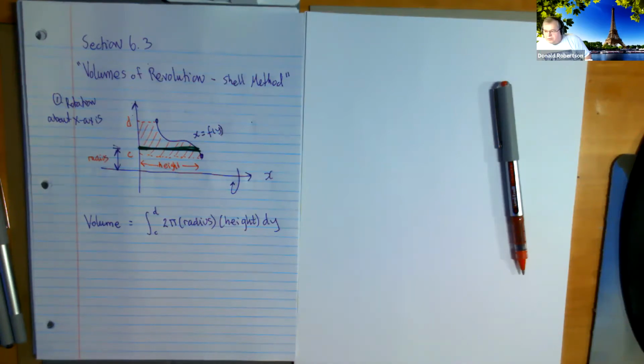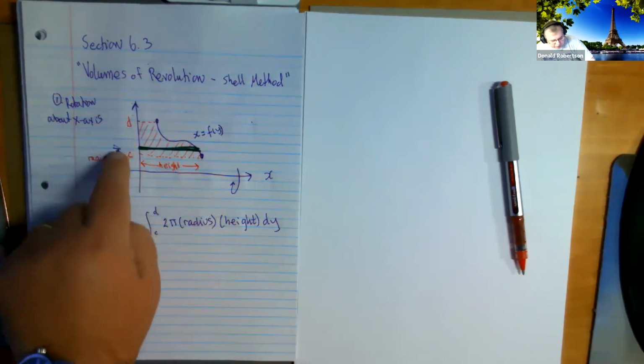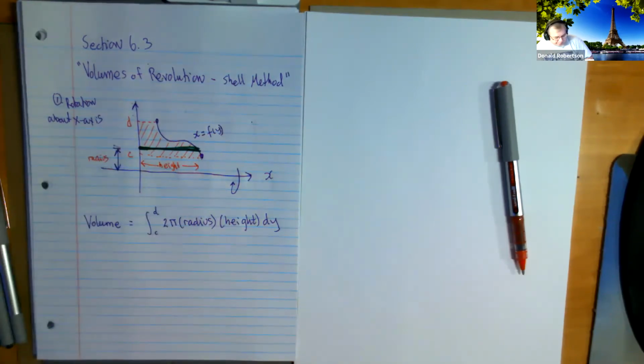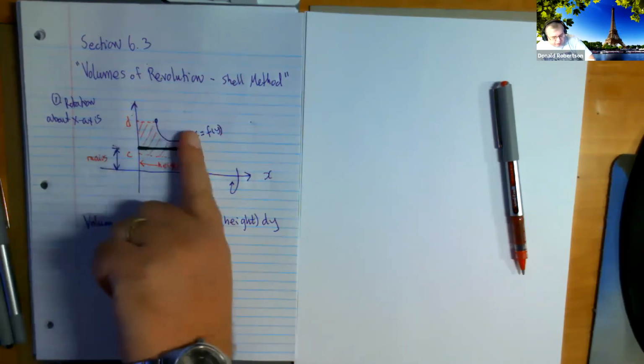You wanted to rotate about the x-axis, you wanted it written as y equals x cubed, but here you want it written as x equals whatever. So you have your function, x equals f of y, going from c to d. And the area that's going to be rotated is this shaded area going this way.